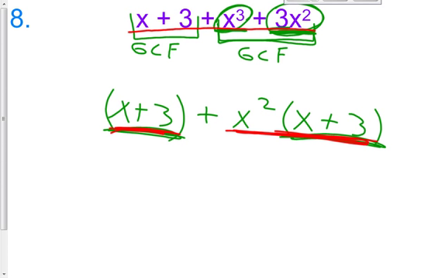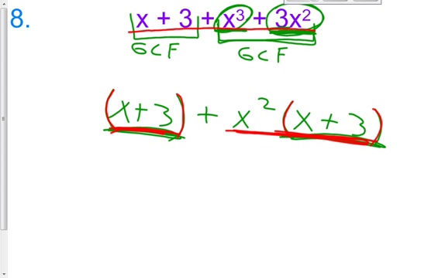So with this, you're going to take out another greatest common factor. Is there any factor that is the same between x plus 3 and x squared times x plus 3? Hopefully you see that this x plus 3 is the same as this x plus 3. So you can take this x plus 3 and this x plus 3 out in front.